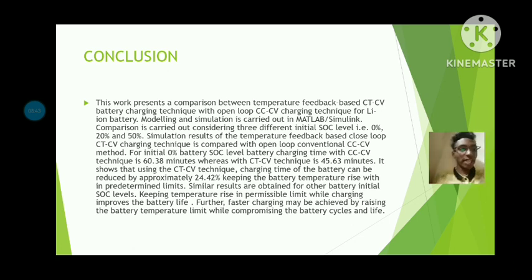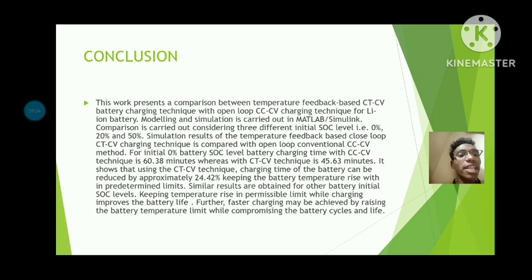Here we can clearly see the time varying. It shows that with the CT and CV technique, charging time of the battery can be reduced by approximately 24.42%, keeping the battery temperature rise within predetermined limits.